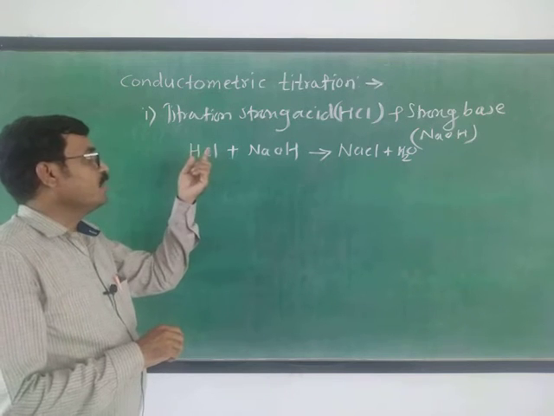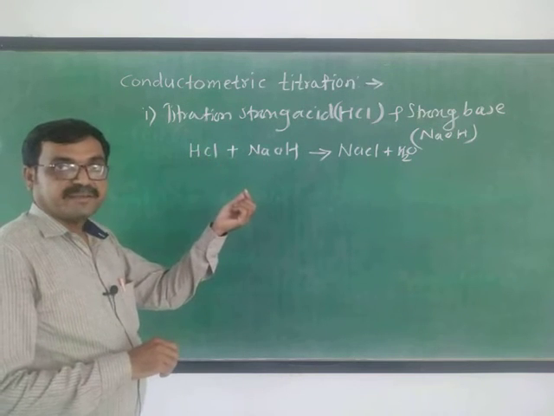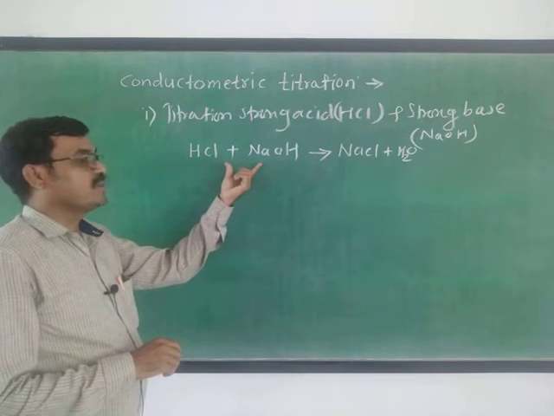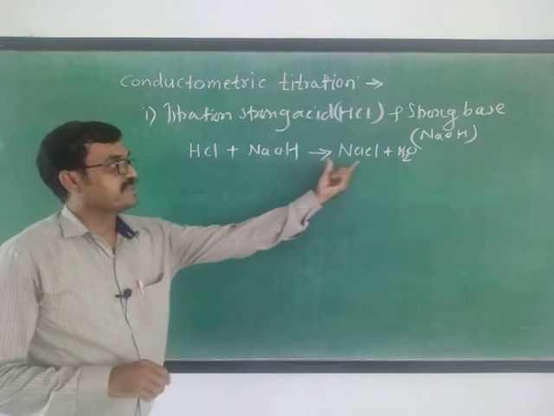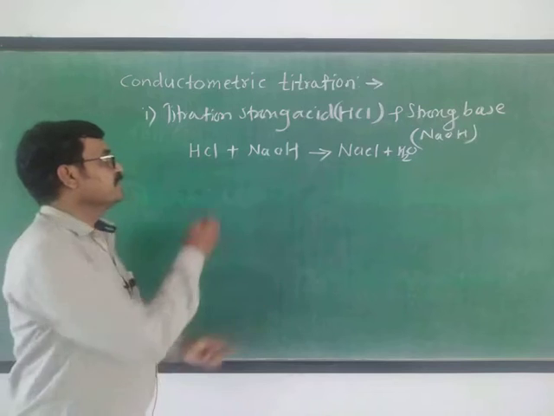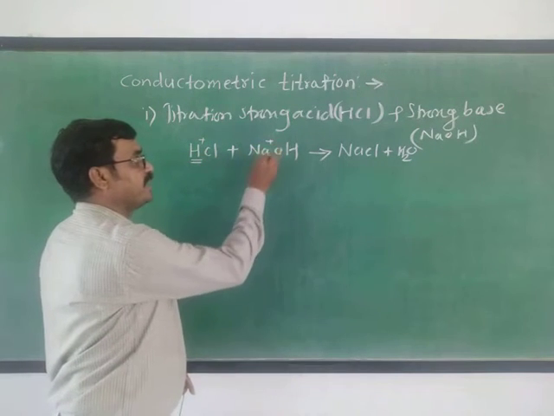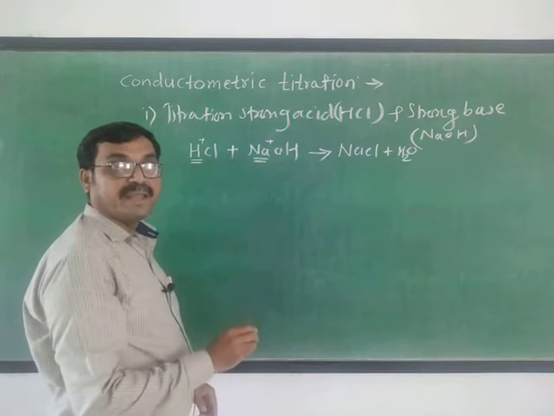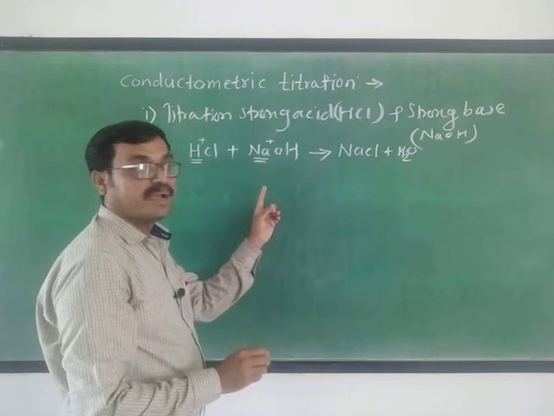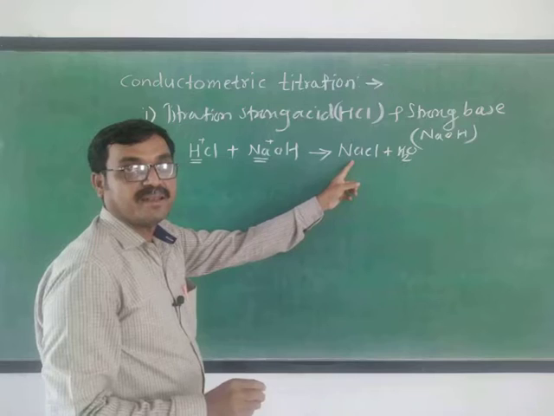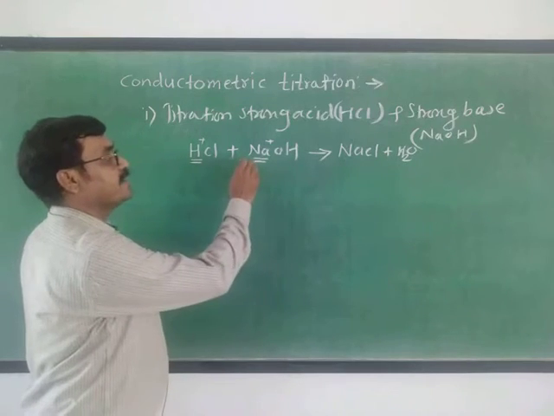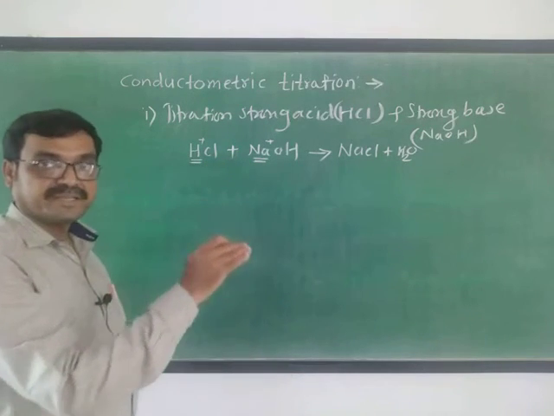Now when NaOH is added, this reaction takes place, and these high mobile H plus ions are replaced by the low mobile Na plus ions to form NaCl. That's why the conductance decreases.